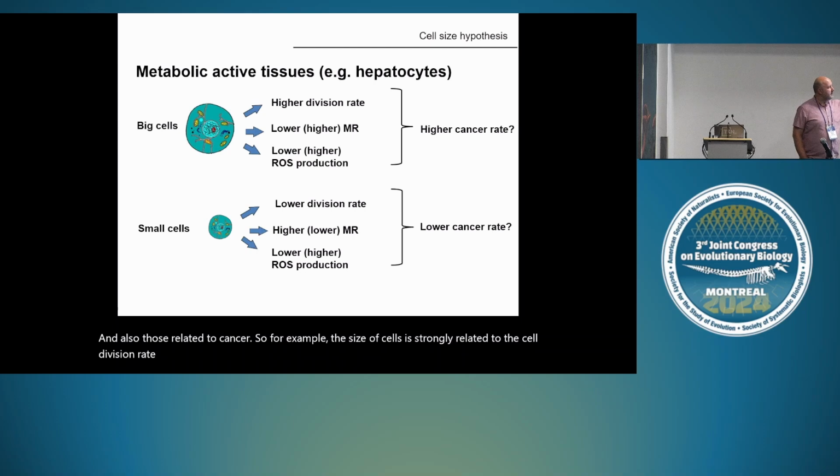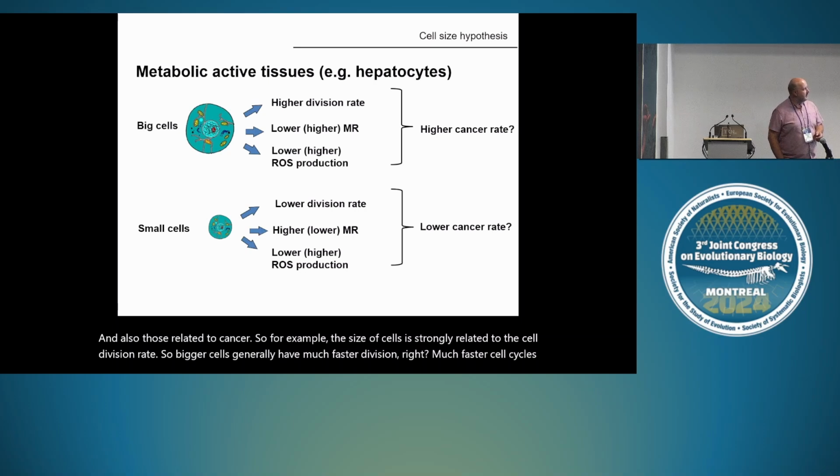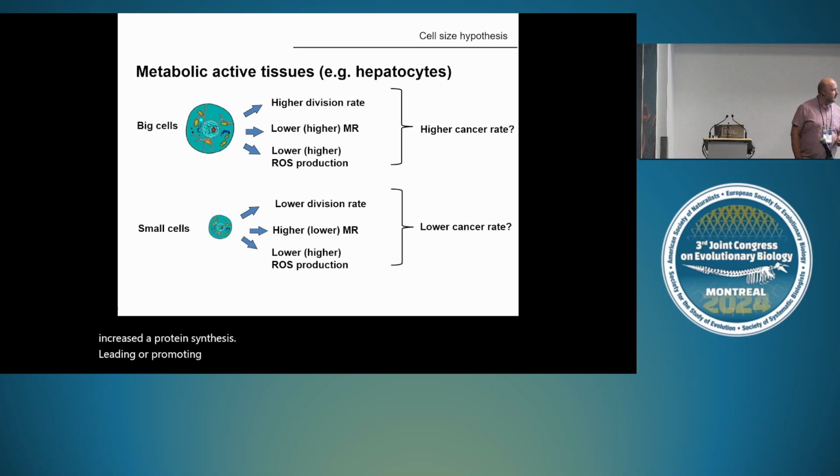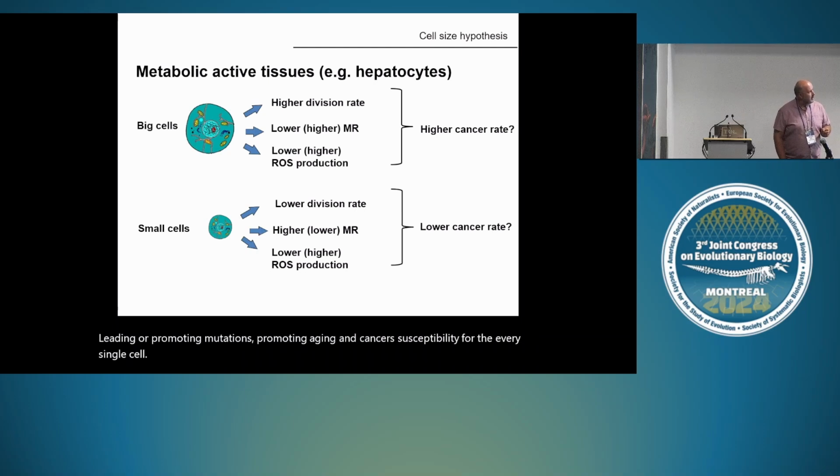Bigger cells generally have a much faster division rate, much faster cell cycles, and increased protein synthesis, promoting mutations, aging, and cancer susceptibility through every single cell multiplication.